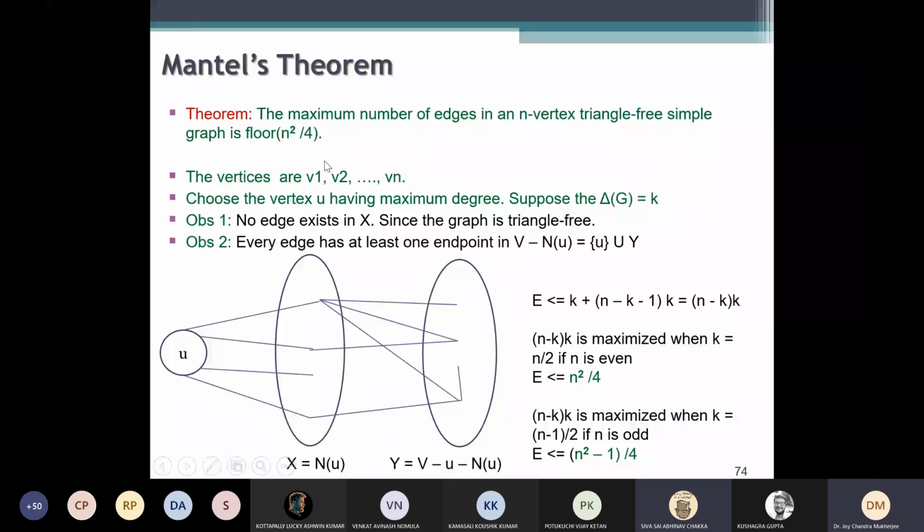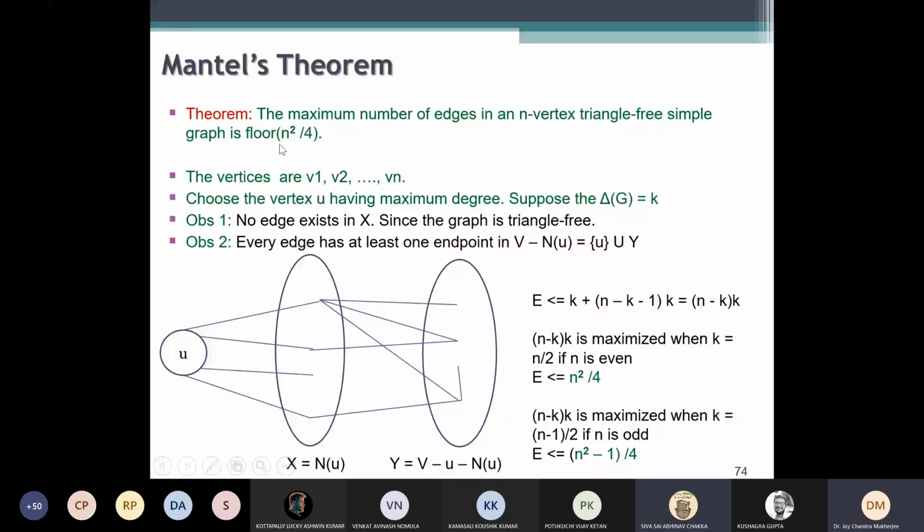So the maximum number of edges, this is Mantel's theorem. Okay, the maximum number of edges in an n vertex triangle free simple graph is floor of n square by 4. Okay. So the statement I will again repeat.